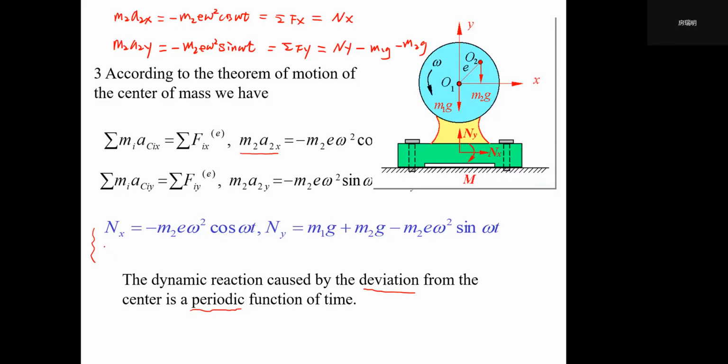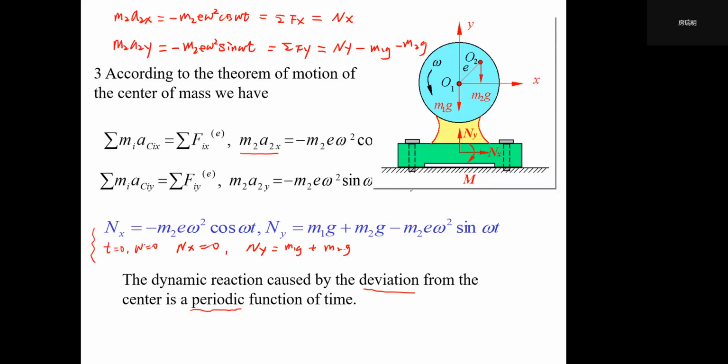If when t equals 0, so omega equals 0, right? Because the whole system is at rest, then nx will equal 0. And for ny, because omega equals 0, this term will be 0, and ny will only be m1g plus m2g.